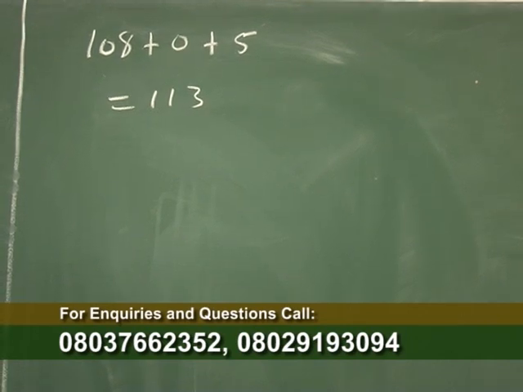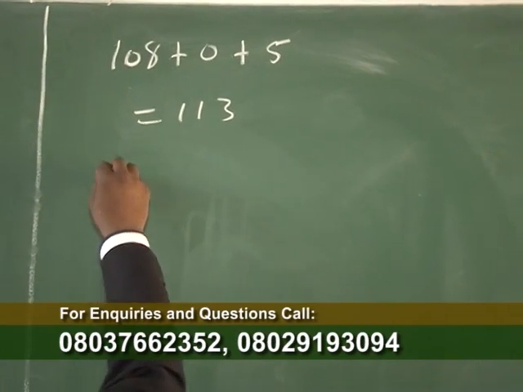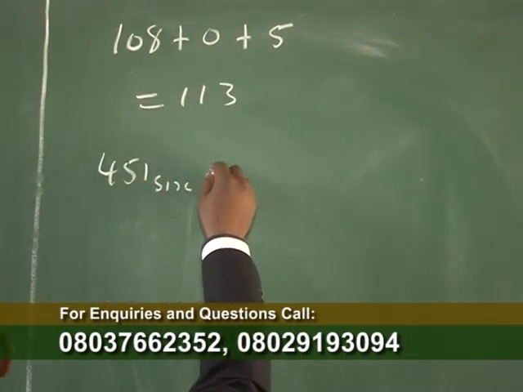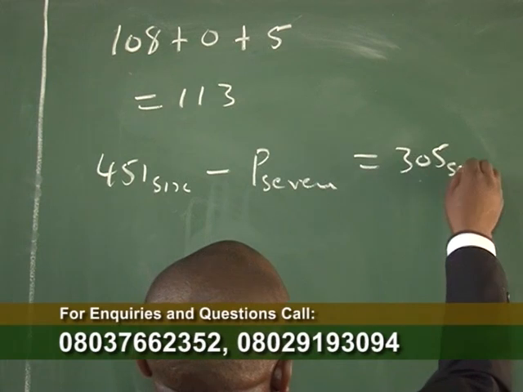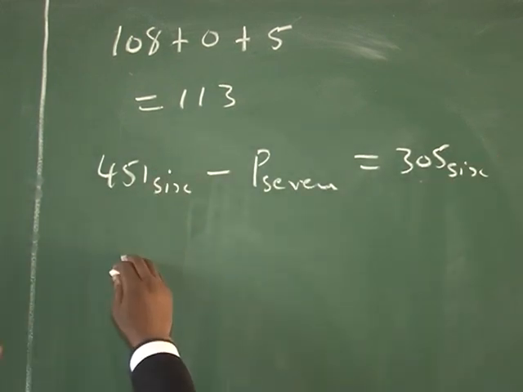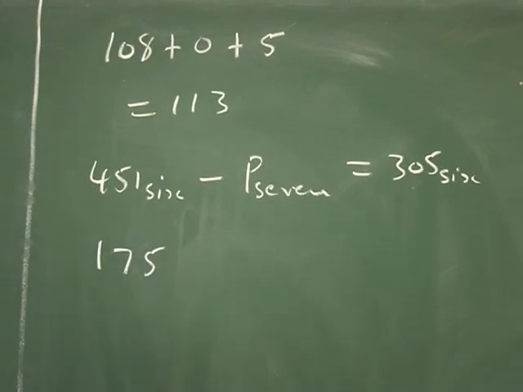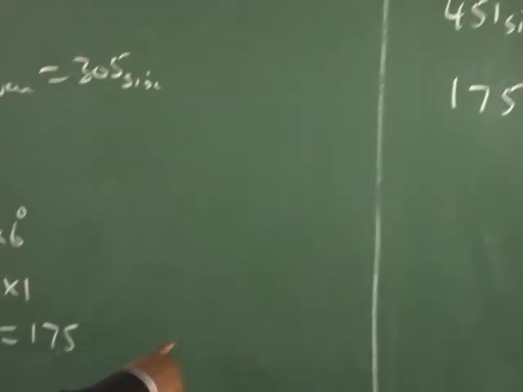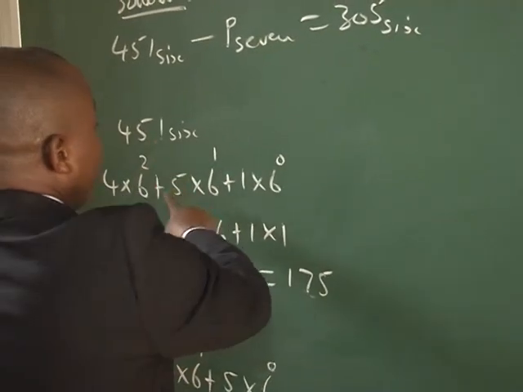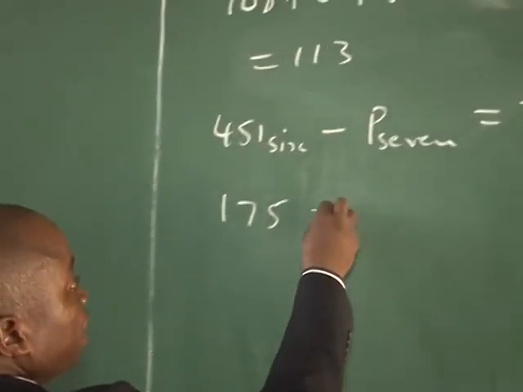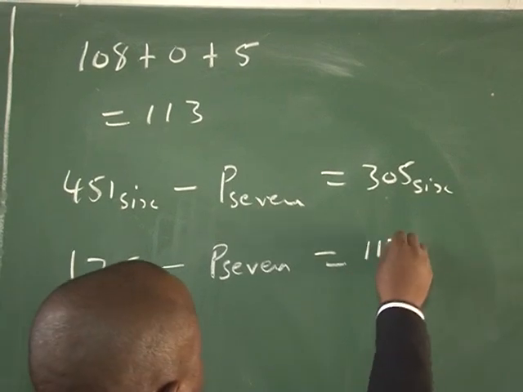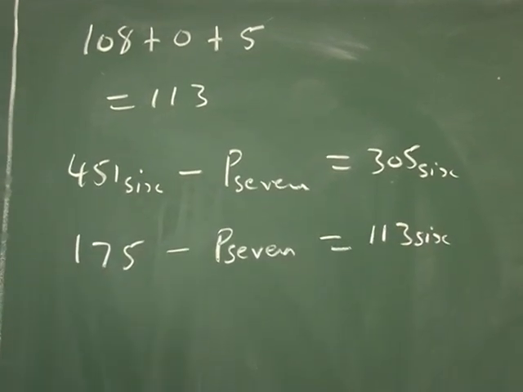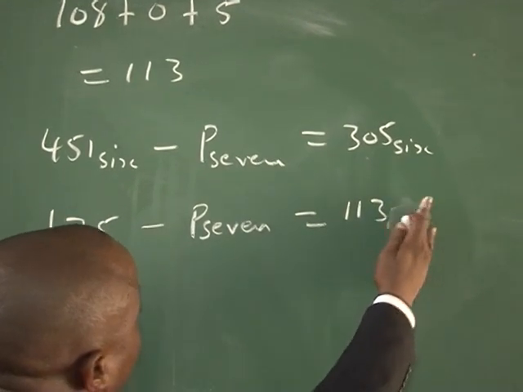113. So, now the equation 451 in base 6 minus P in base 7 equal 305 in base 6 now becomes 175, when we converted this, we have 175, minus P base 7 will be equal 113 in base 10.